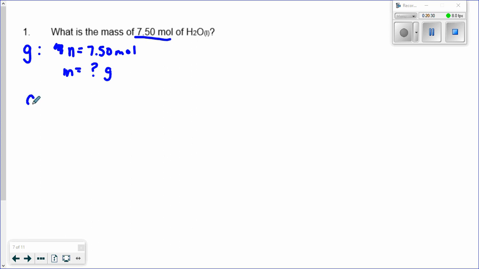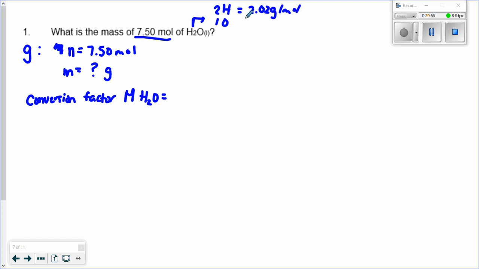My conversion factor is going to be my molar mass of H2O. So to figure out my molar mass of H2O, 2 hydrogens, 1 oxygen, so 2.02 grams per mole. 1 oxygen is 16.00 grams per mole.